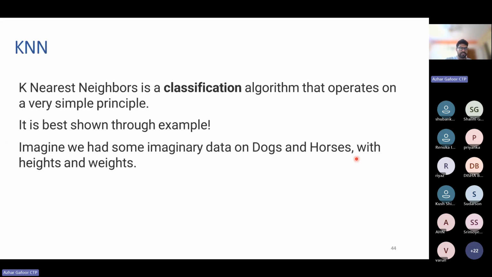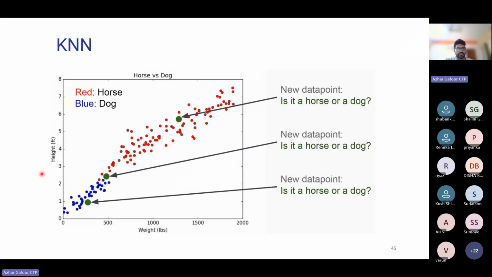Let's say we have some images of dogs and horses with heights and weights. This is our data. We know that a horse is both taller than a dog and weighs more than a dog, so we can see a specific pattern in the data.